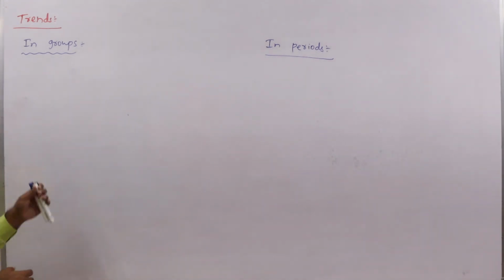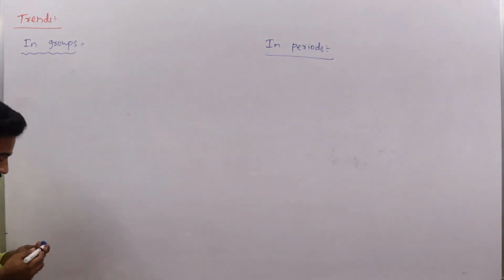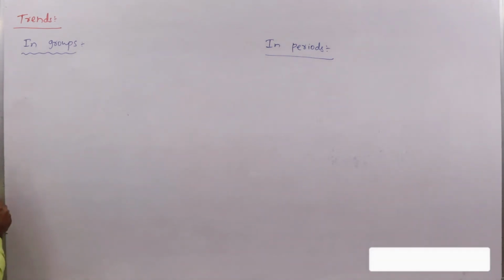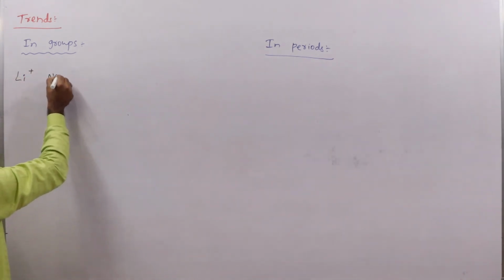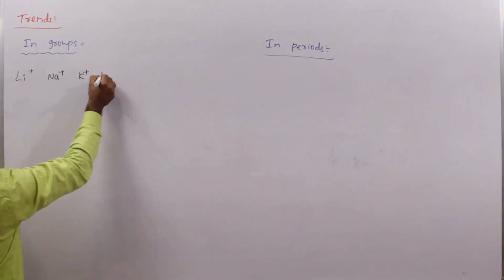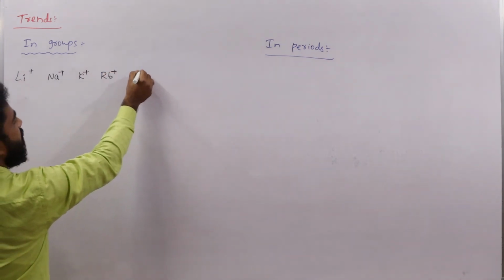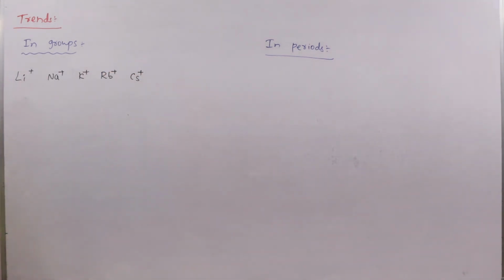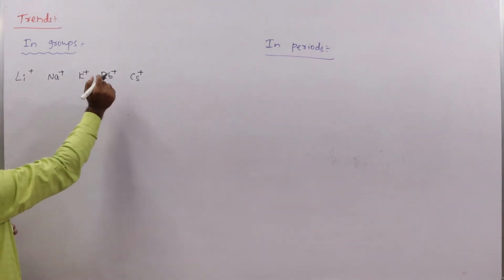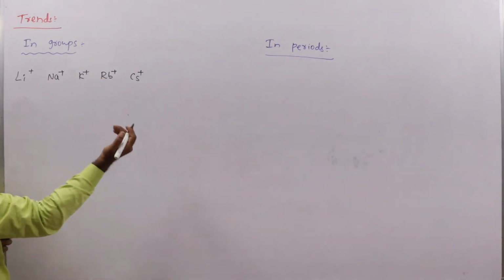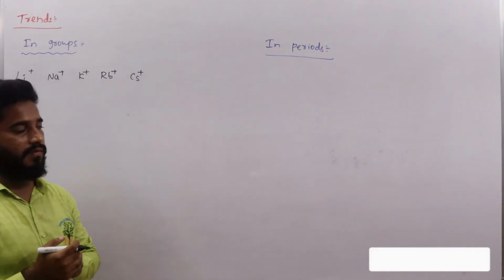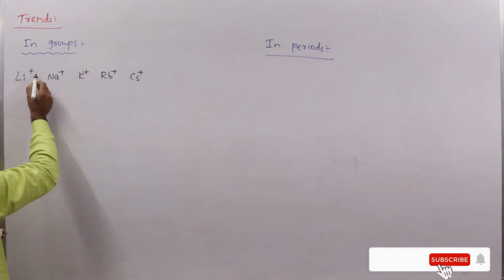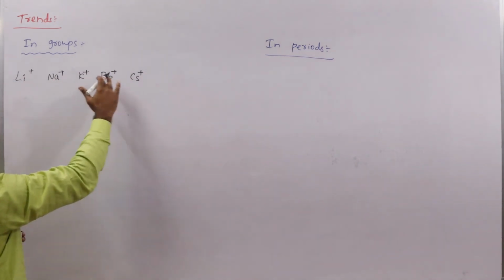Let us see trends in the periodic table. What happens in groups from top to bottom in the atomic radius? When you observe Li+, Na+, K+, Rb+ and Cs+, from top to bottom in a group, as the number of shells increases, the size of the ion also increases, because these ions have similar charge.